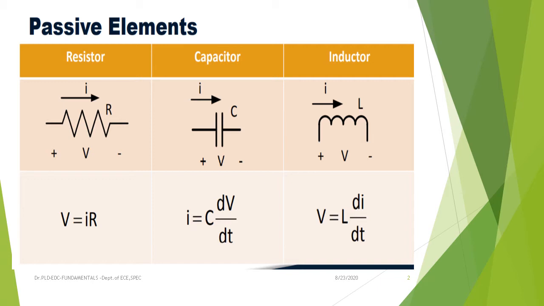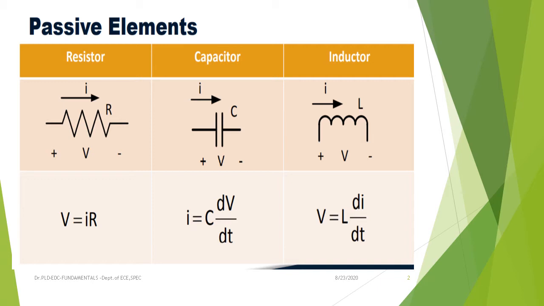If we integrate this equation, then V equals 1 by C integral of I dt. That's the voltage drop across the capacitor.